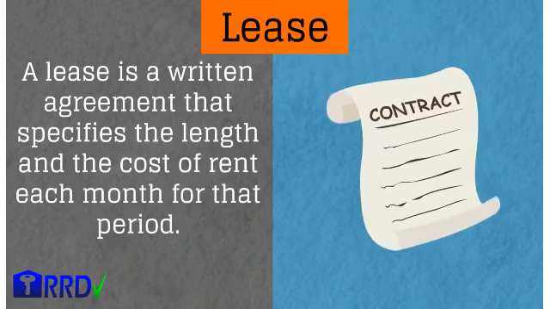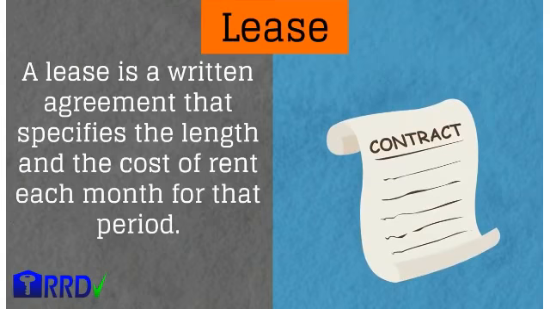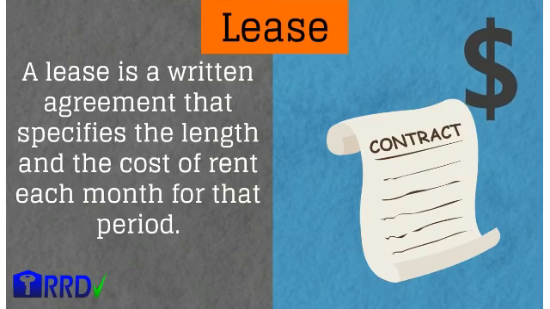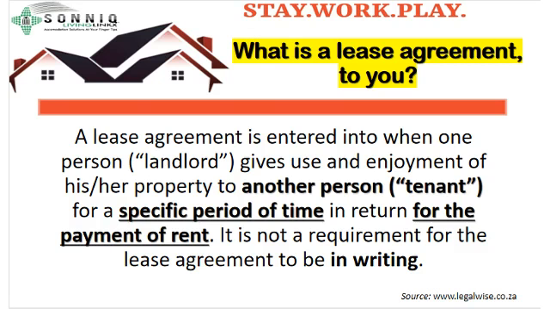Even if there's nothing signed, it's a rental agreement, because there's a promise that was made and you paid for that promise. A lease agreement, or a lease, is a written agreement. So a rental agreement can either be verbal or written. A lease agreement is definitely a written agreement that specifies the length and the cost of the rent.